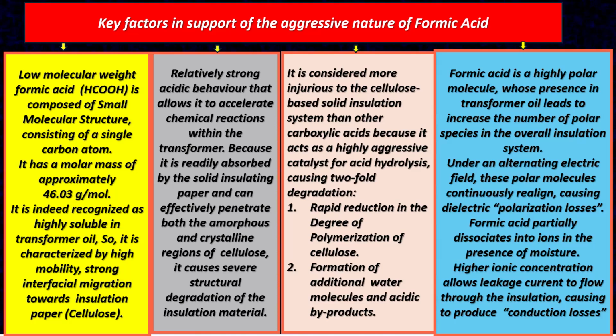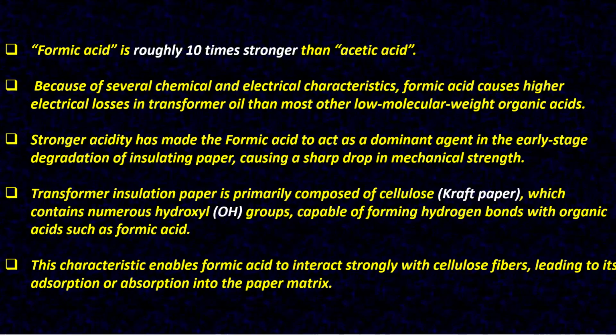This conduction loss rather. Formic acid is roughly 10 times stronger than acetic acid. Because of several chemical and electrical characteristics, formic acid causes higher electrical losses in transformer oil than most of the other low molecular weight organic acids.